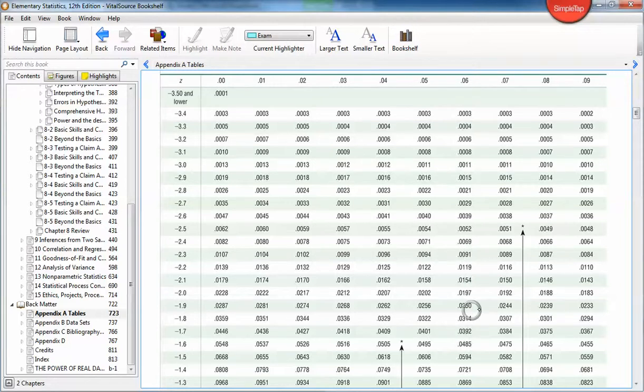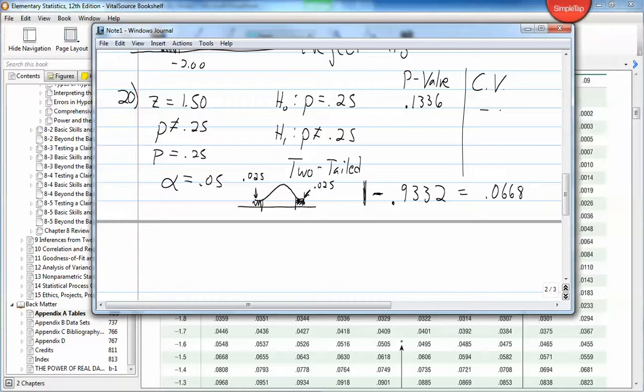Usually that's in a table somewhere, so they must have taken it off the table at the bottom. But that's what we needed, 0.025. So the negative answer there, negative 1.96, is one critical value. The other critical value is going to be the positive 1.96.